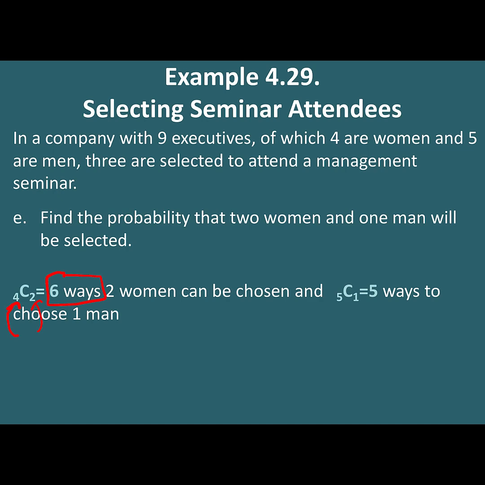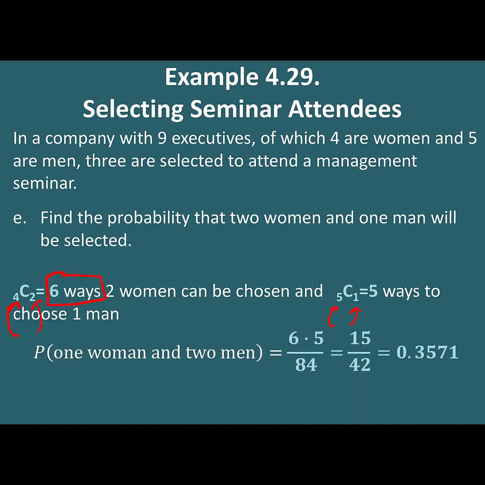And then finally, the number of ways out of 5 men can 1 be chosen is simply 5. And I invite you to pause the video here and try to find this probability. It's very similar to the last part D. Here we have 6 times 5 divided by 84, which reduces to 0.3571.